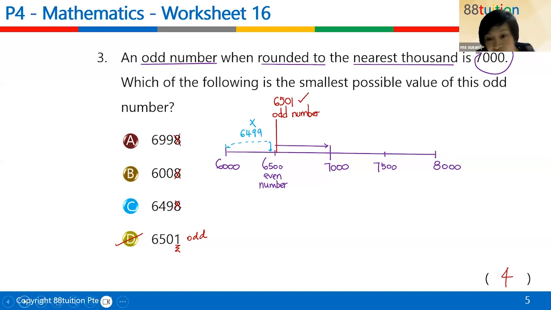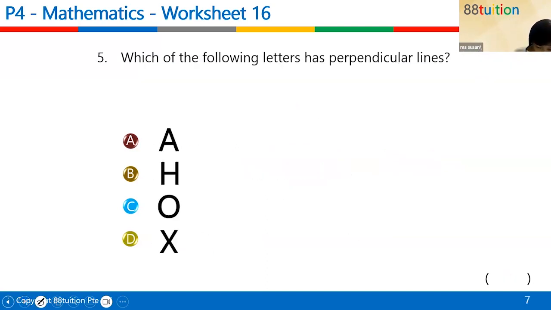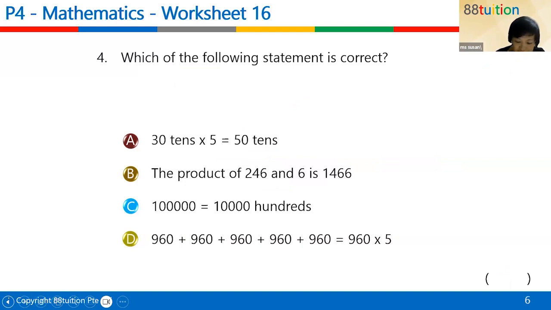Next question. Can I go on? So far, any question from you? Don't have. Okay, next question. Which of the following statements is correct? That means it's true. Let's check.